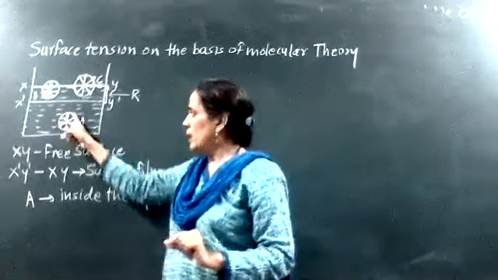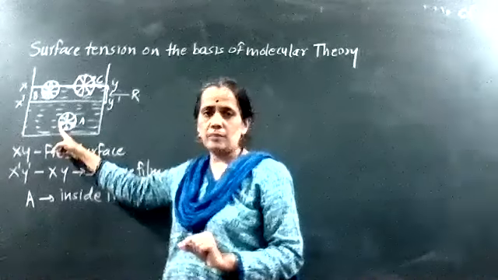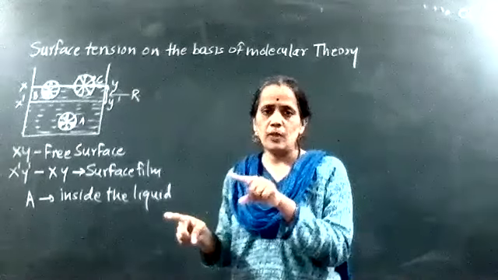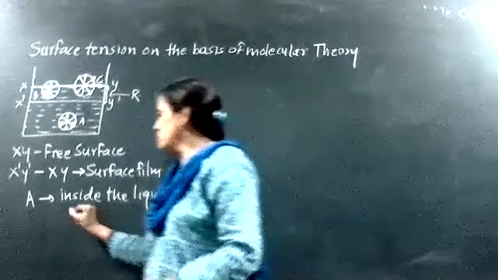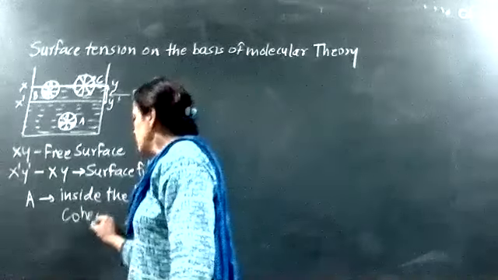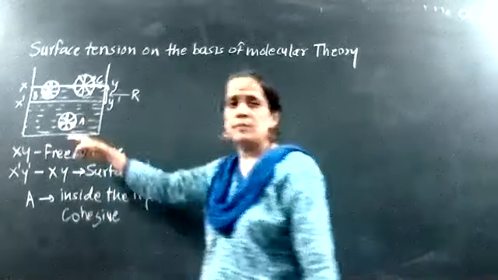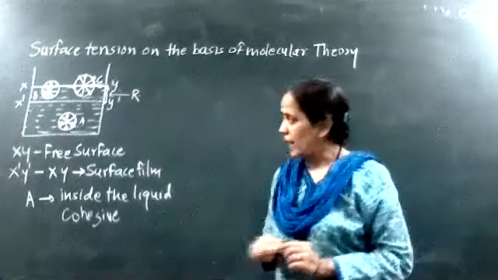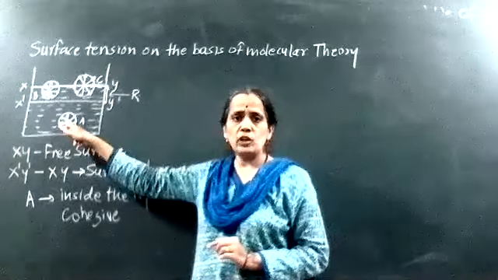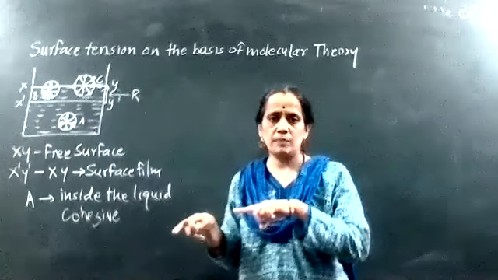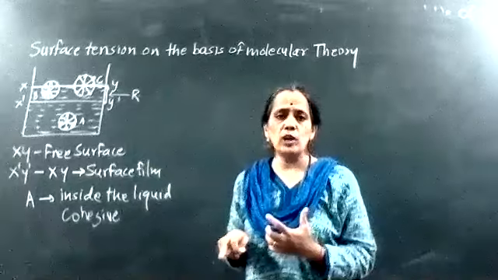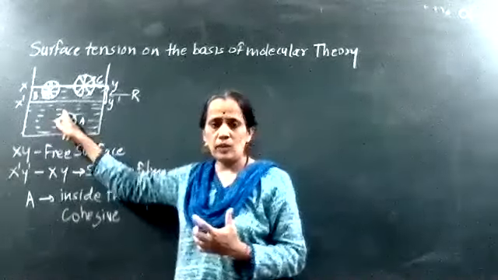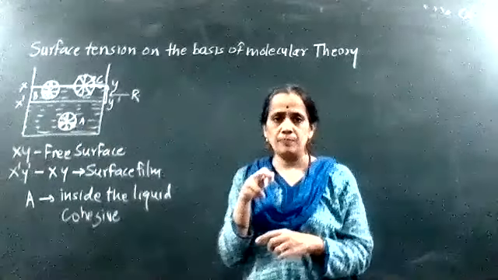So there will be a force acting in all possible directions in the surrounding region of the A molecule. That force is your cohesive force, because it is the force between the same type of liquid molecules. I have drawn around molecule A a sphere of influence whose radius is equal to the intermolecular range. So your cohesive force will remain effective inside that sphere of influence.